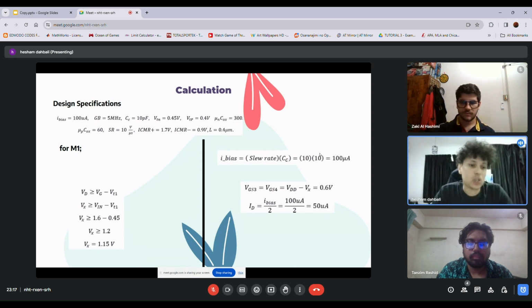At the beginning, to calculate M1, we needed to get the value of Vx, which is between M1 and M3.